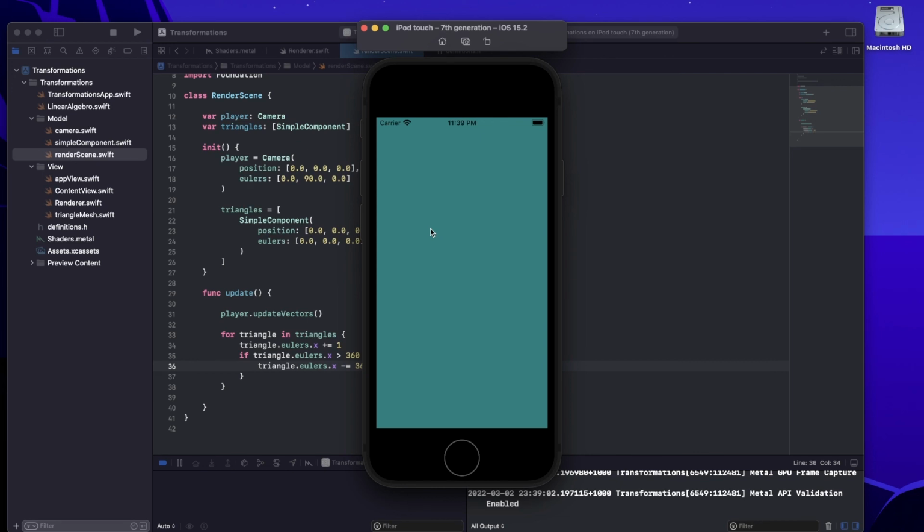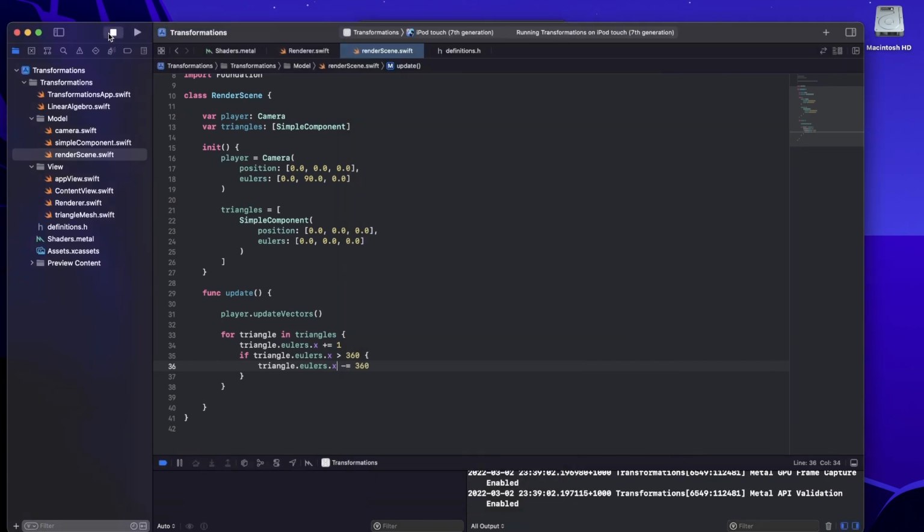Nothing good. So what we can do now is set the triangle a little bit back from the camera. Ah, of course, what am I thinking? Okay, so before Y was up, but now Z is up.